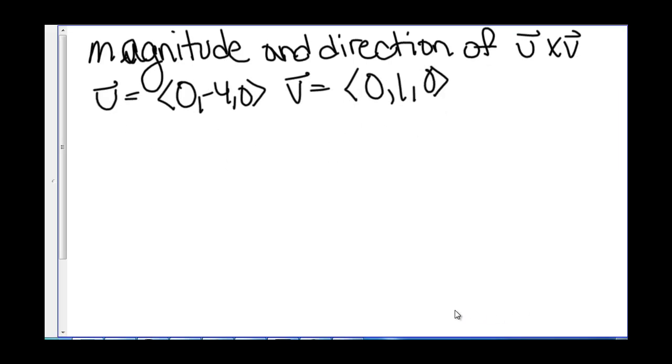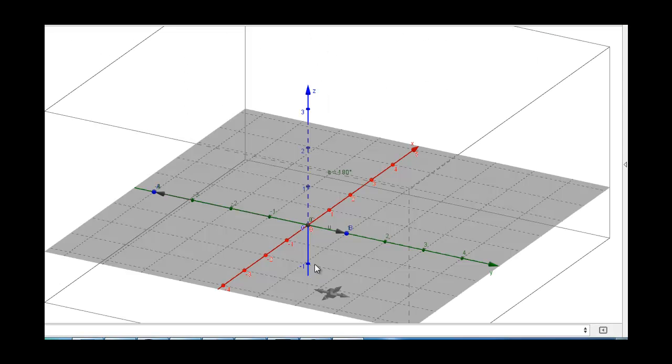So let's say we want to find the magnitude and direction of u cross v, where u is the vector 0, negative 4, 0, and v is the vector 0, 1, 0. Well, if we graph these, we see that the vector 0, 4, 0 is along the y-axis, as is the vector 0, 1, 0. And these two vectors are parallel, which means that the angle between them is pi.